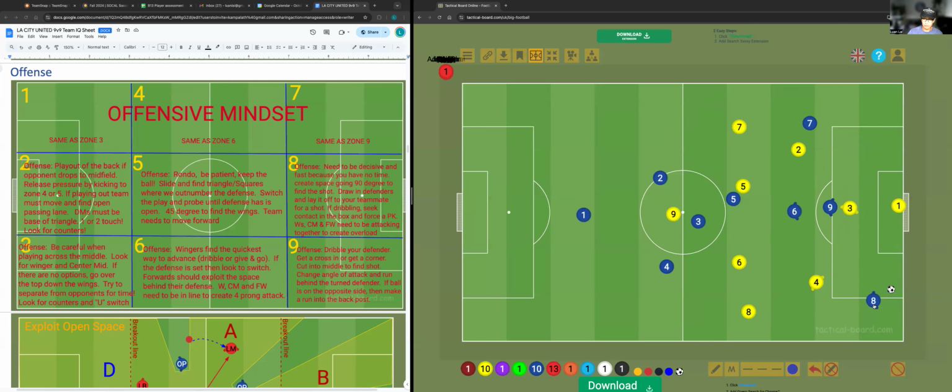Okay. Now, let's talk about something slightly different where they're all back and they're sitting in a low block. And this happens a lot, actually, because we're building up and we're probing and the ball comes up here. In this sort of situation, as you have the ball here facing inwards, the defender is defending you. What options do you really have?